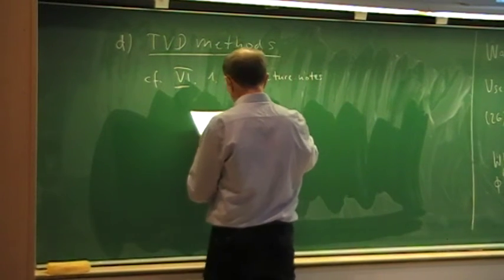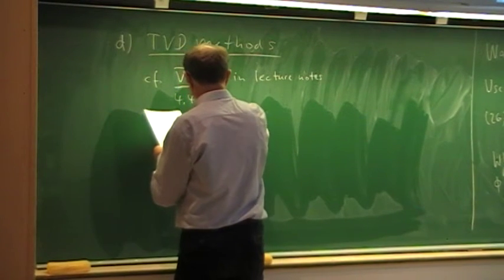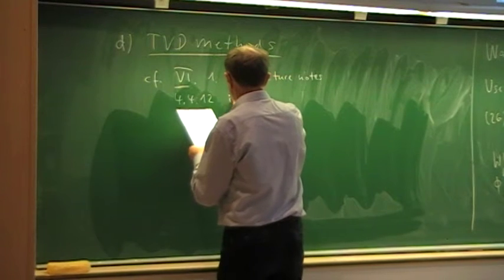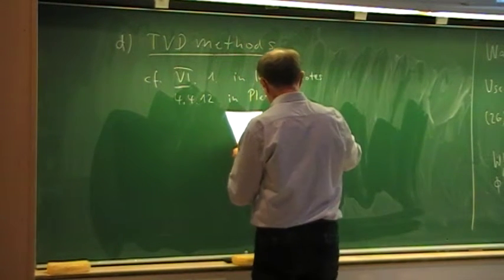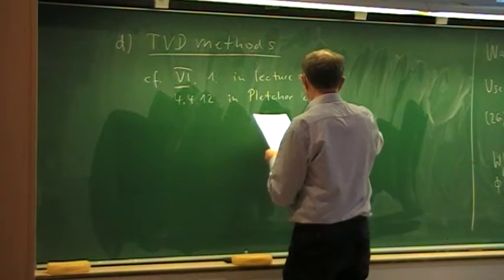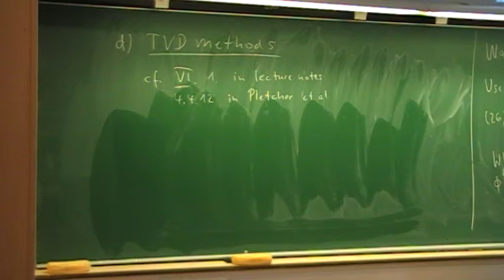In the textbook it is 4.4.12, that section in Ferziger, Tannehill, Anderson et al., our textbook. And then there is a textbook that is actually useful for this part of the course, that is Versteeg and Malalasekera. I cited it in the course overview of what we're discussing now.